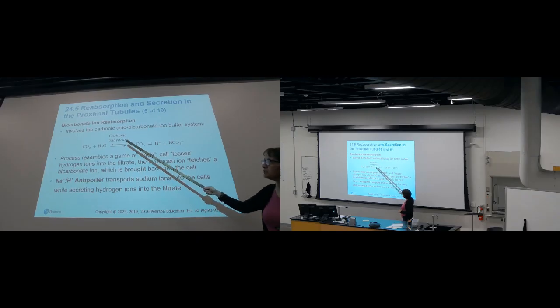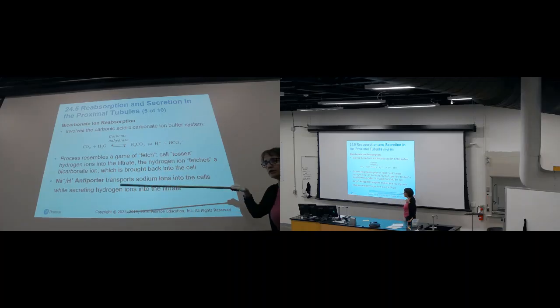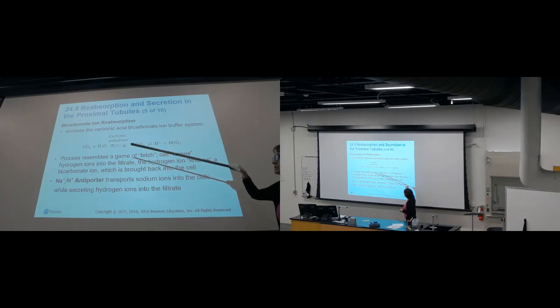And this carbonic acid can be broken down by the same enzyme into water and bicarbonate. If you see these two arrows pointing in both directions, that means the reaction can go both ways. And then this carbonic acid, by the same enzyme, carbonic anhydrase, is going to be broken down into hydrogen ions and bicarbonate.